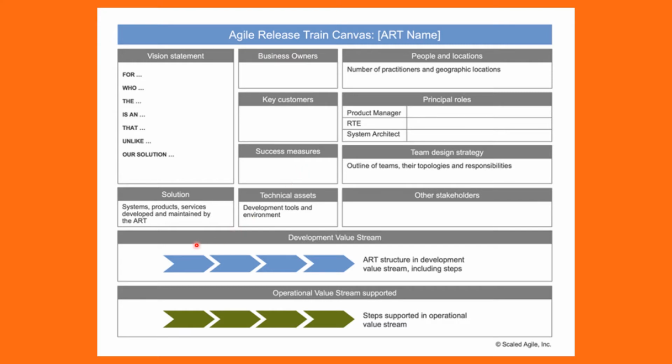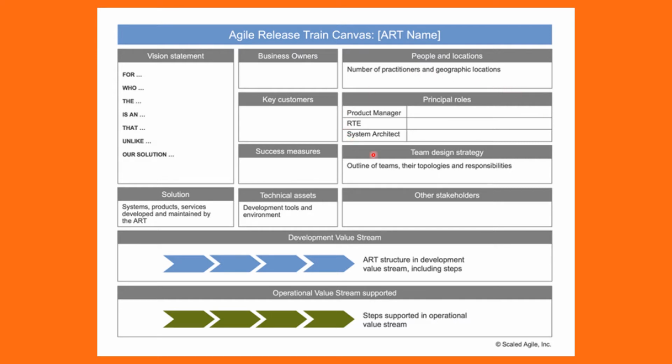It also talks about the development value stream and operational value stream supported. So basically, you need to understand in which development value stream this ART is being planned, and which operational value stream this ART is supporting. So that's very important to understand.